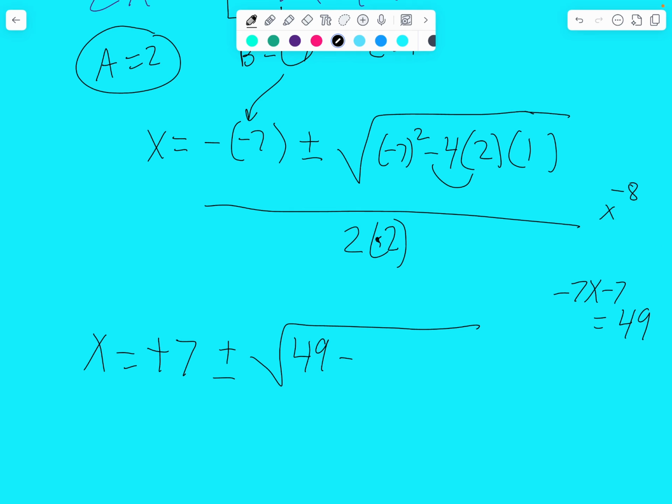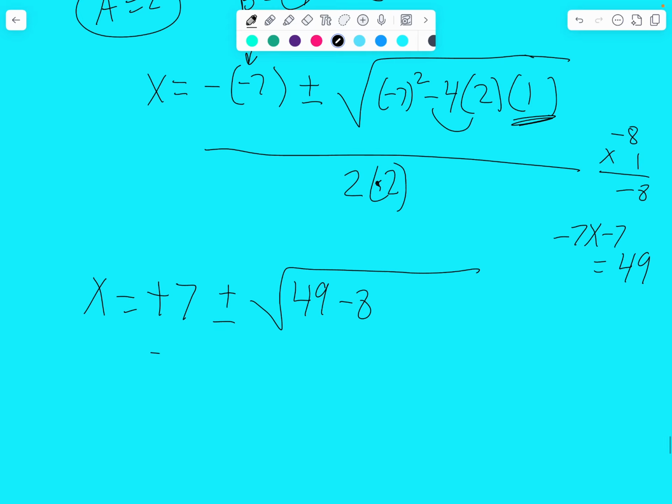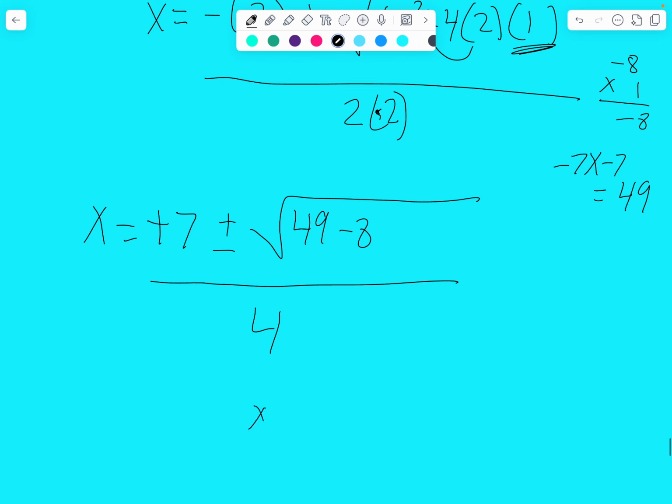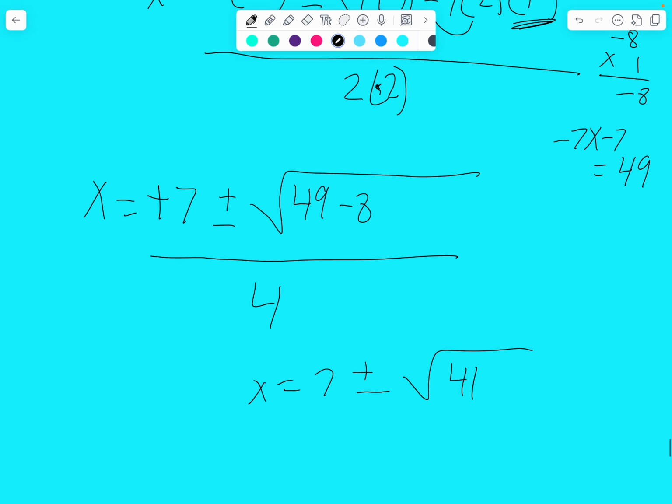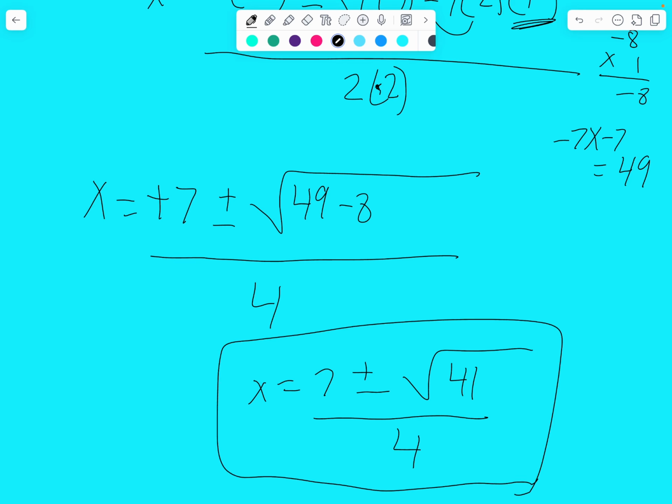Negative 8. What's negative 8 times 1? Negative 8. There you go. All over, what's 2 times 2? 4. So we have x is equal to 7 plus or minus the square root of 41, because 49 minus 8 is 41. It's still in the square root, all over 4. And guess what? This is the most simplified it can go.